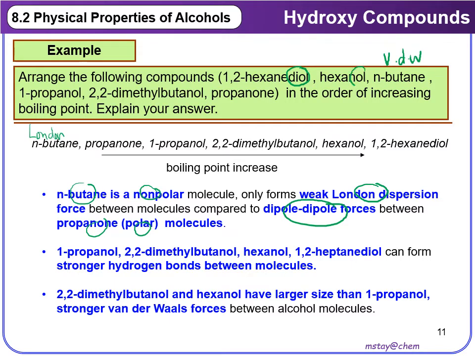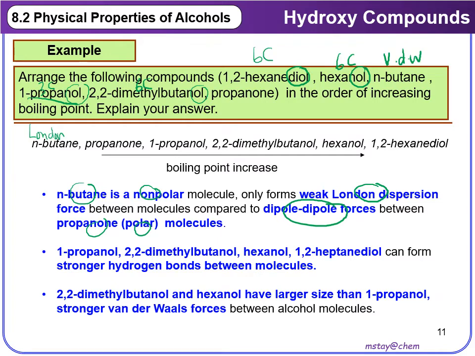After we settle this, we focus on the others, which consist of hydroxyl groups. Among these, we check which one will have the lowest boiling point. Definitely it is 1-propanol, because propanol consists of 3 carbons, 2,2-dimethyl-butanol consists of 6 carbons, hexanol consists of 6 carbons, and 1,2-hexanediol also consists of 6 carbons.